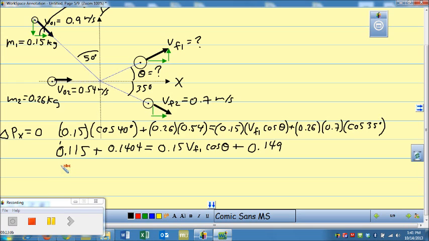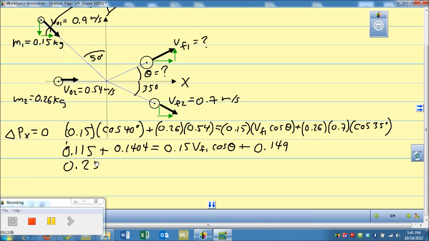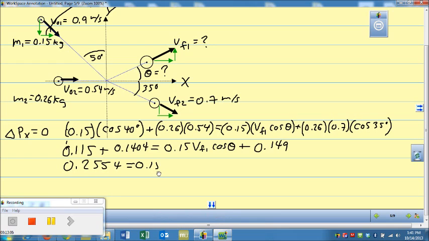Okay, I'll put it in, so I won't skip steps. 0.2554 equals 0.15 times the final one cosine theta plus 0.149.